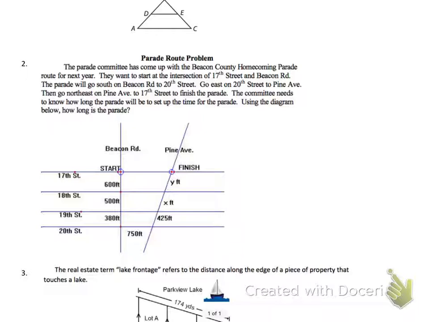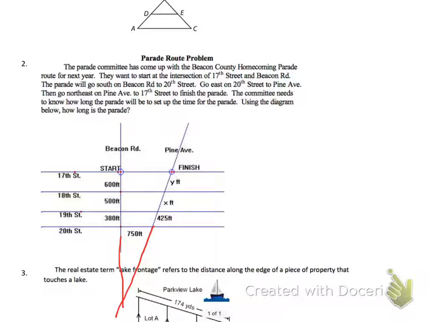Side splitter. Okay, now this is a triangle. I could continue these lines coming down and create a triangle out of it. We don't really need to see that, but it is important to understand that these streets do form a triangle, and we're only interested in the lengths along the sides, not anything along the parallels.